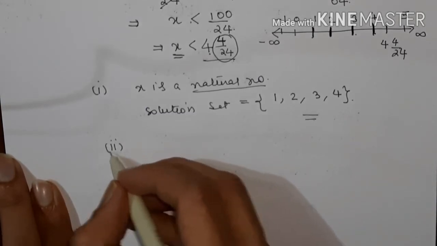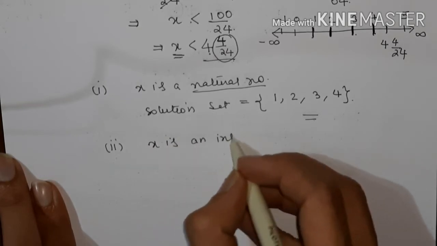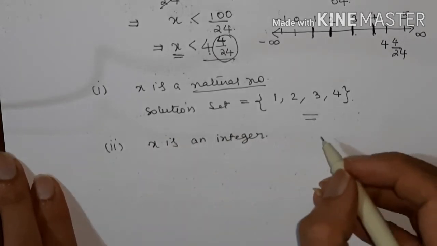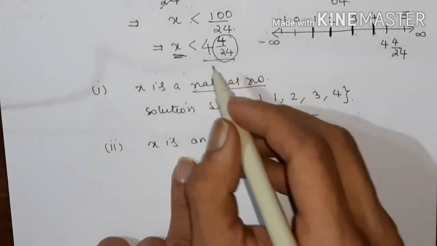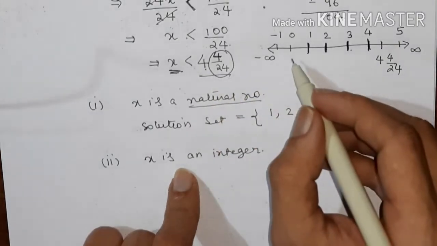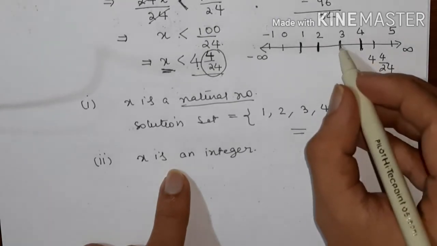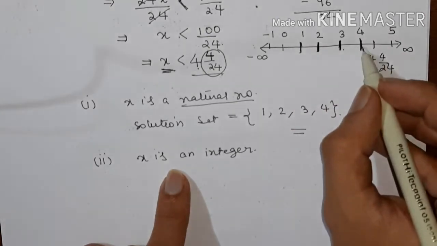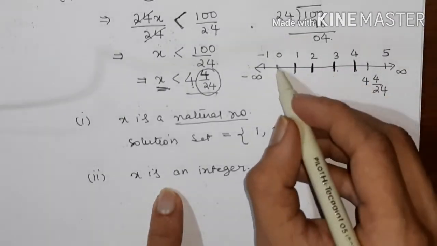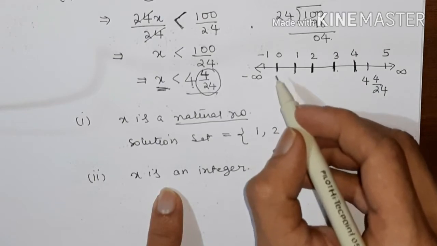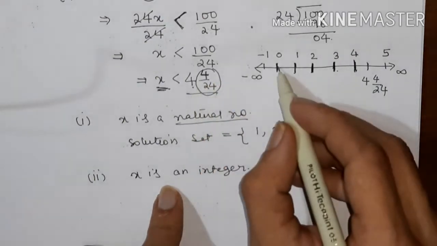Now let us look at the second sub question: x is an integer. Now x should satisfy this inequality and x should be an integer. These are already satisfying the inequality and are integers. Then 0 also, because 0 is less than 4 and 4 by 24 and is an integer.